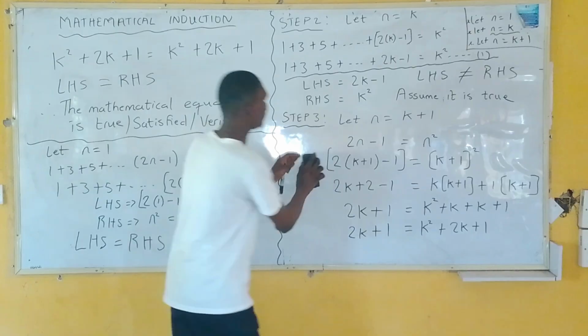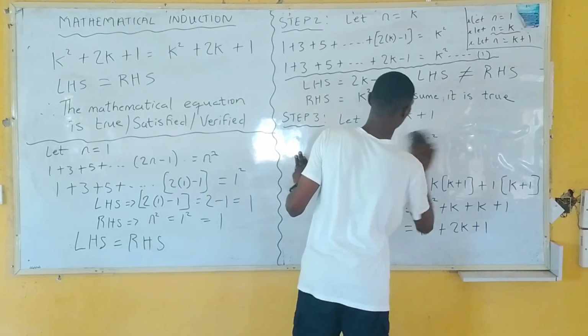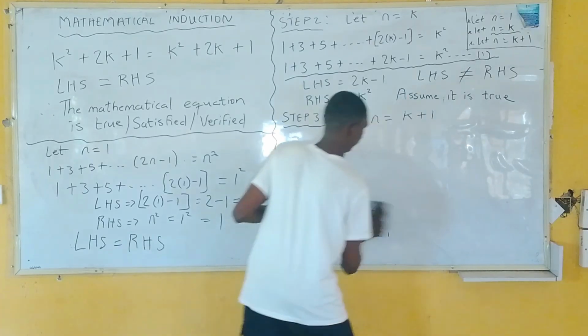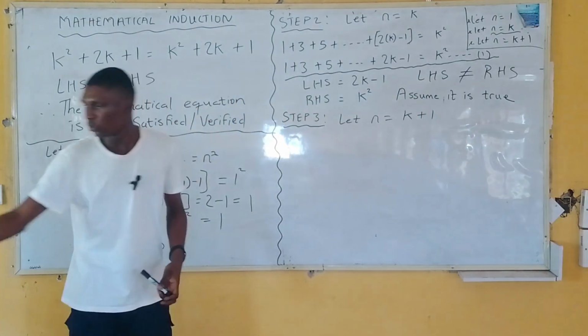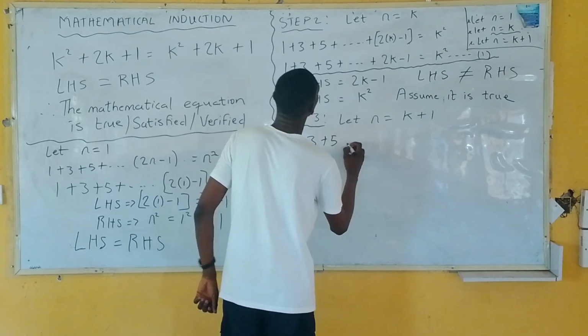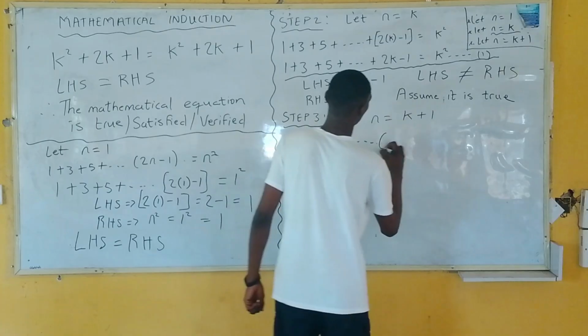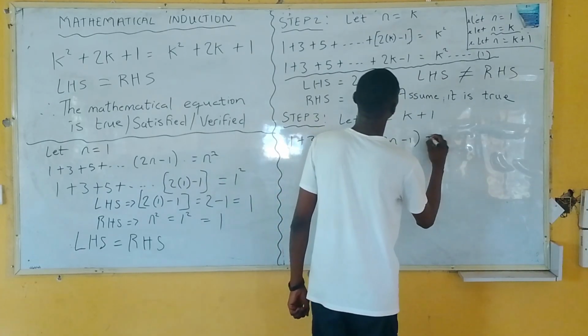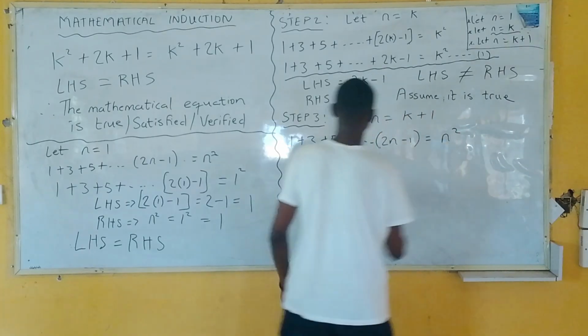Originally, I'm supposed to write from here that 1 plus 3 plus 5 plus dot dot dot open bracket what? 2n minus 1, right? Is equal to what? n square. Right?